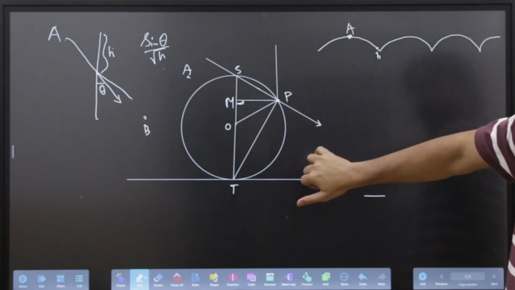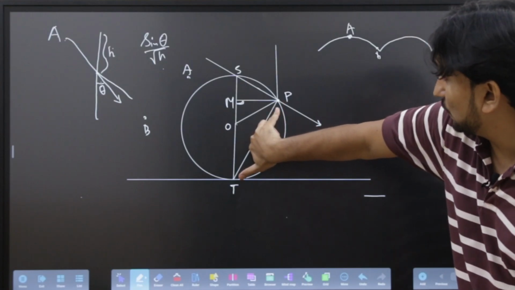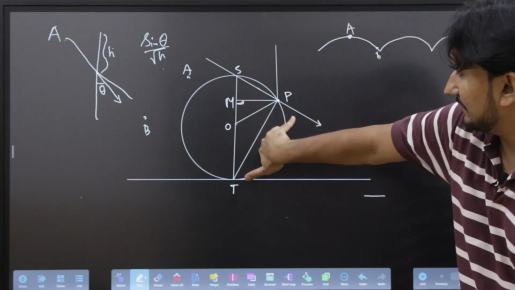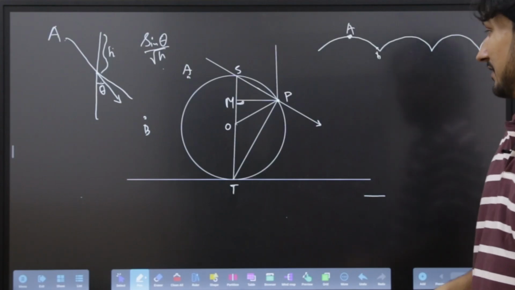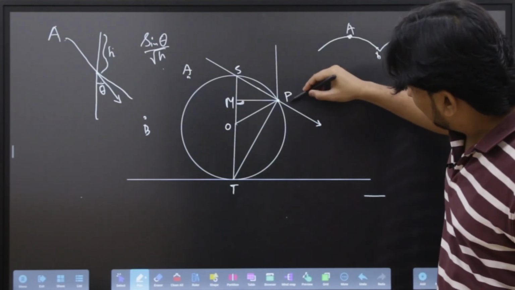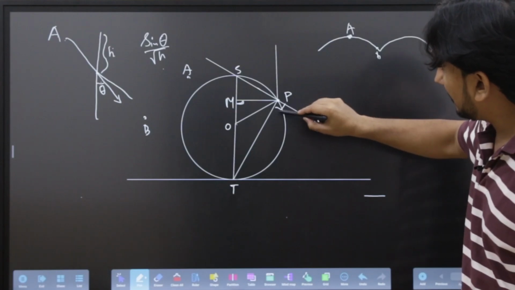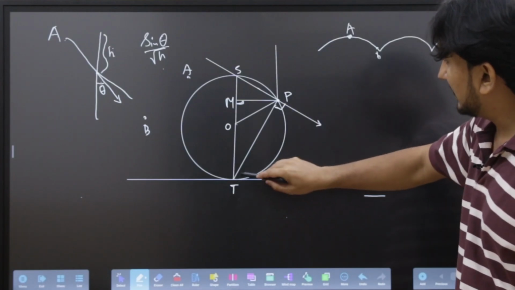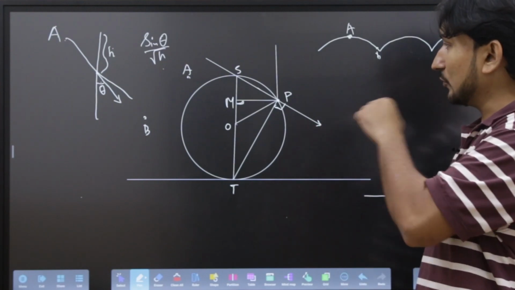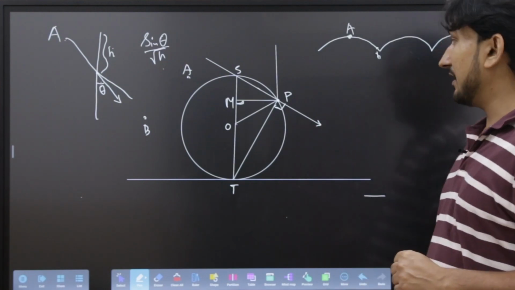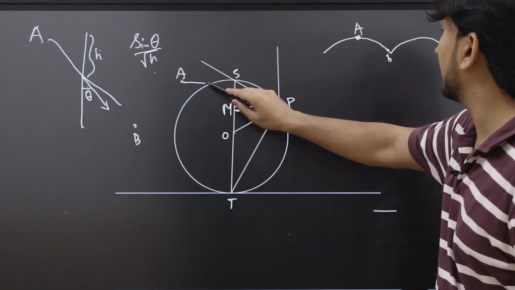So what I'm trying to say is, instantaneously P is doing a rotation about T. Because of that fact, if I take a 90 degree angle to TP, that should give me a tangent to the cycloid. In other words, the cycloid should look something like this.